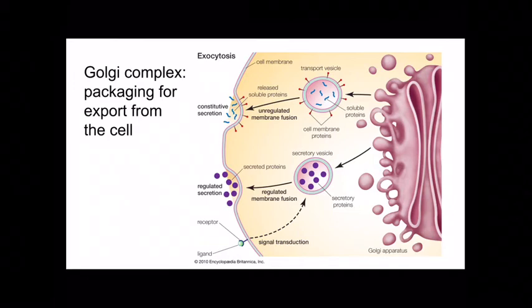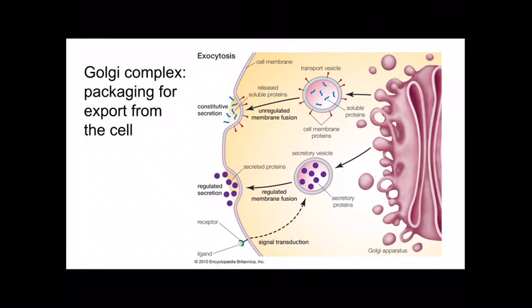The Golgi complex gets those packaged and ready to go to the cell membrane. Then they'll hover near the cell membrane in the secretory vesicle, and when a signal comes from another cell, which could be a nerve stimulation or a hormonal signal, that will stimulate the release of the substance in the secretory vesicle. At that point, that vesicle will merge, the same way the transport vesicle did, with the cell membrane and spill its contents outside of the cell.